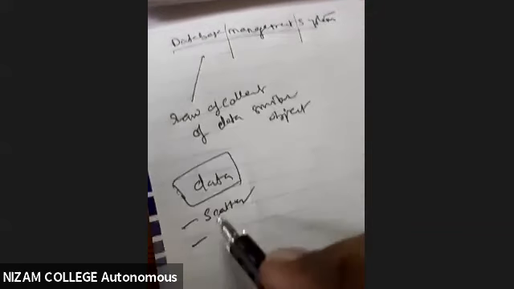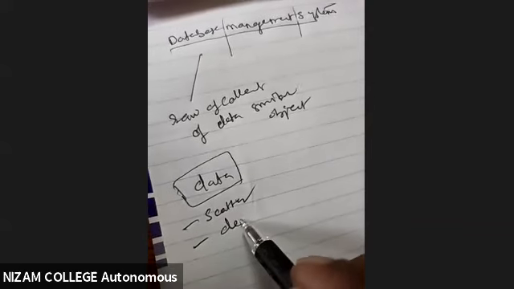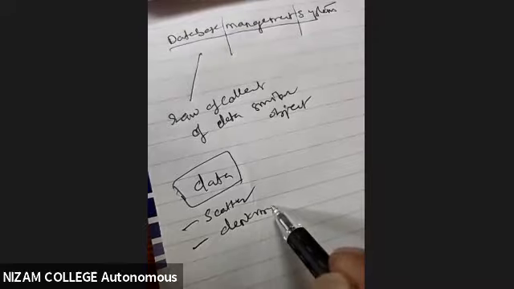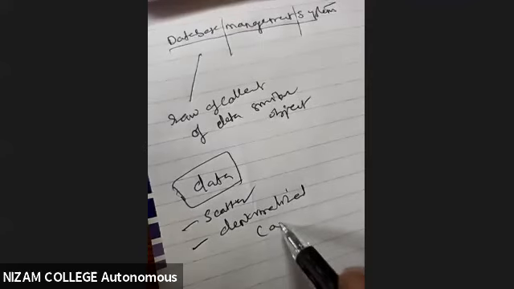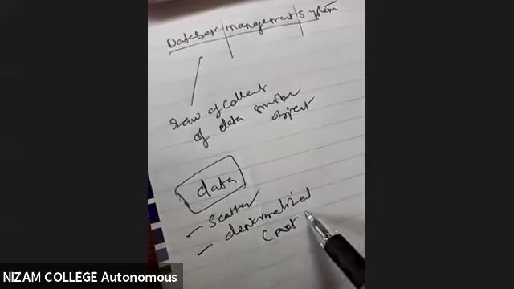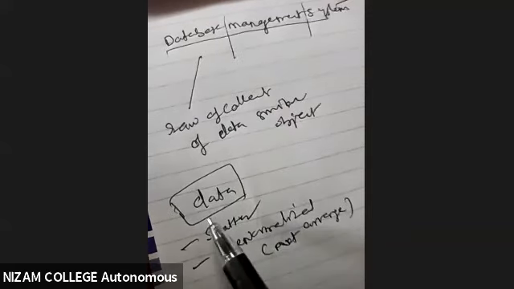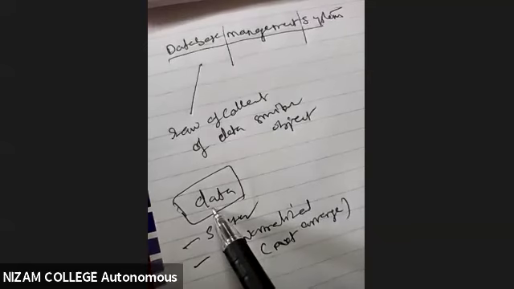That means it is disturbed and denormalized, not arranged properly. So scatter, denormalization, not arranged: we have been collecting some similar data.